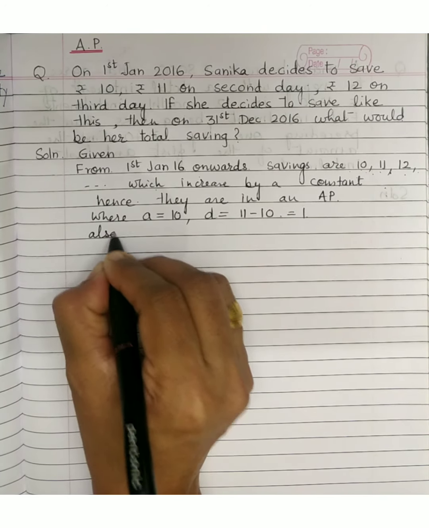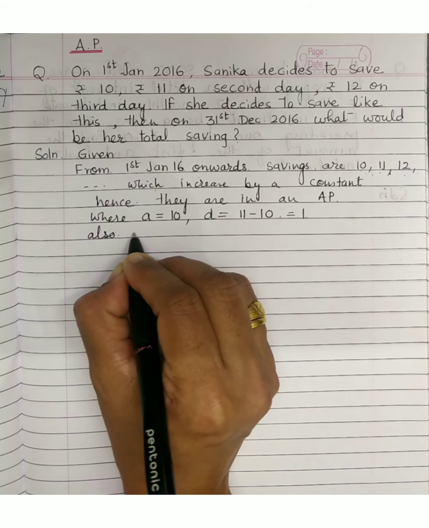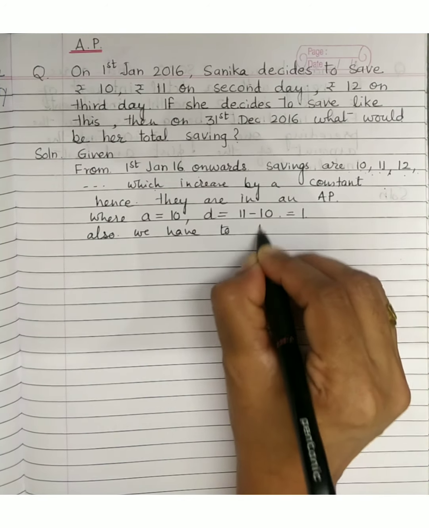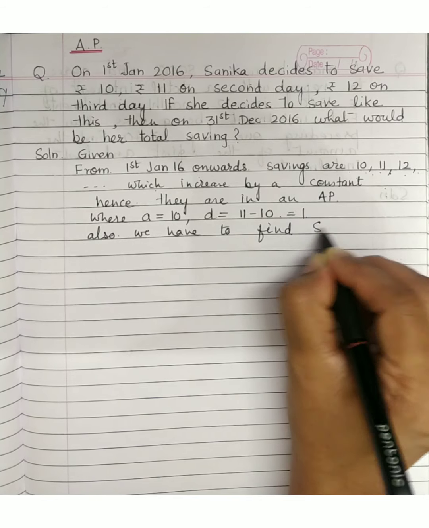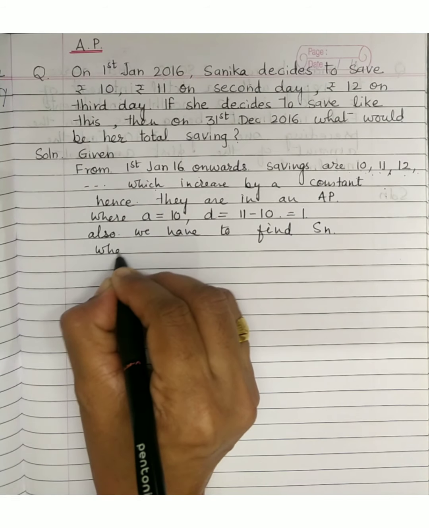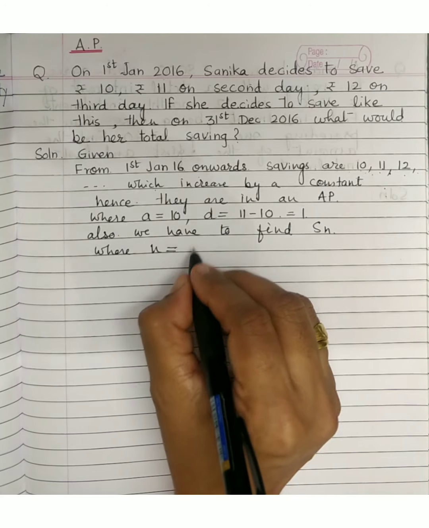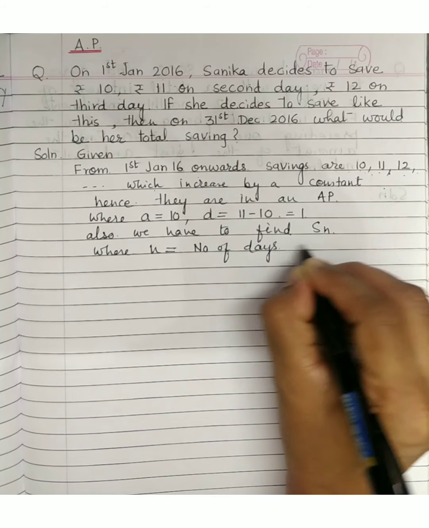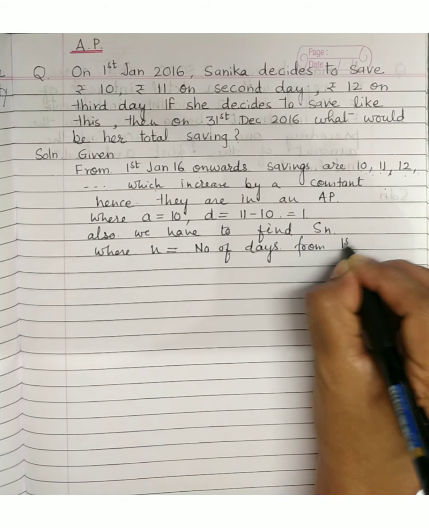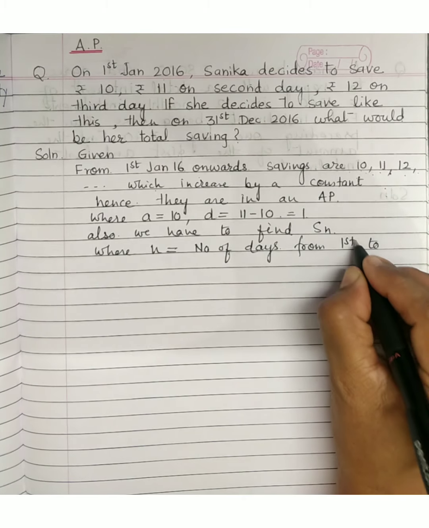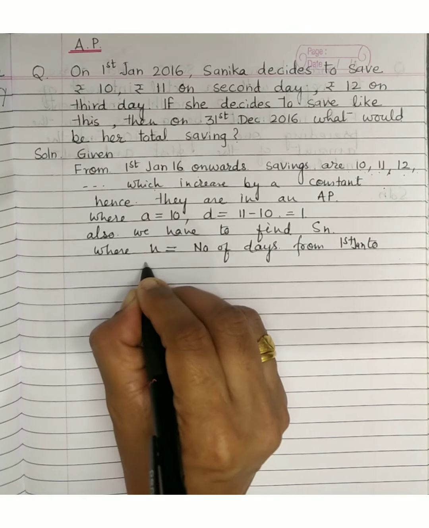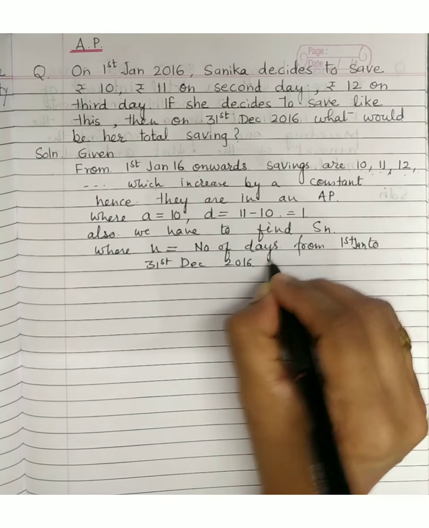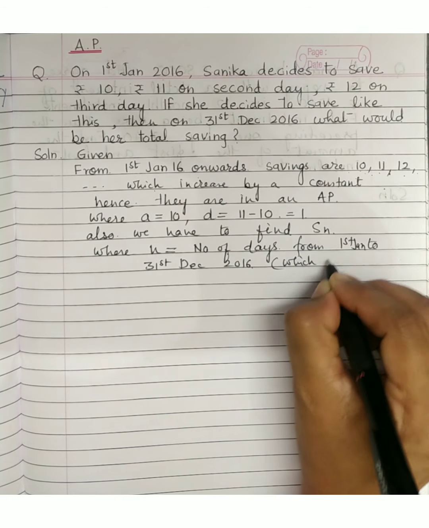Also, we have to find SN, where N is equal to number of days from 1st Jan to 31st December 2016, which is a leap year.